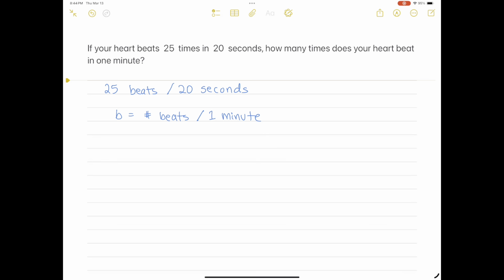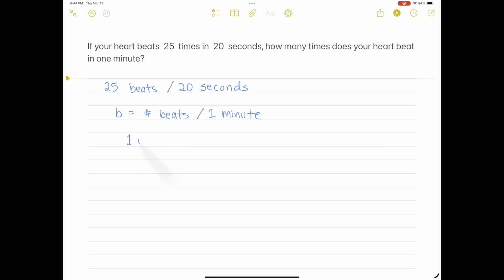So this isn't a straightforward division problem. You think about it. 1 minute equals 60 seconds. I write that down as another fact of the problem. Gives me something more to think about. 1 minute equals 60 seconds.